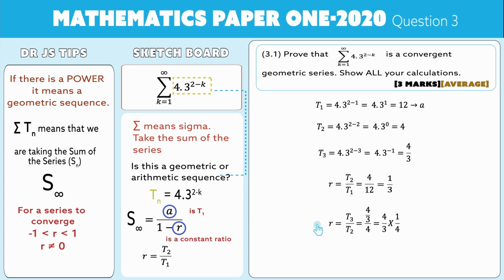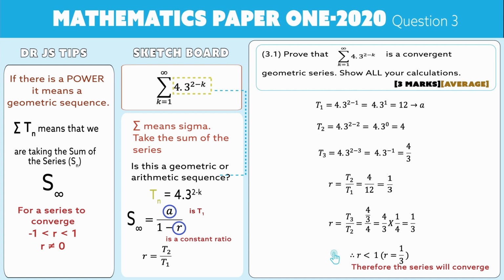Those two 4's cancel, and again you get 1 over 3. So yes, indeed, your constant ratio is smaller than 1. Why? Because it is equal to a third. Therefore, the sequence, or the series rather, will converge.